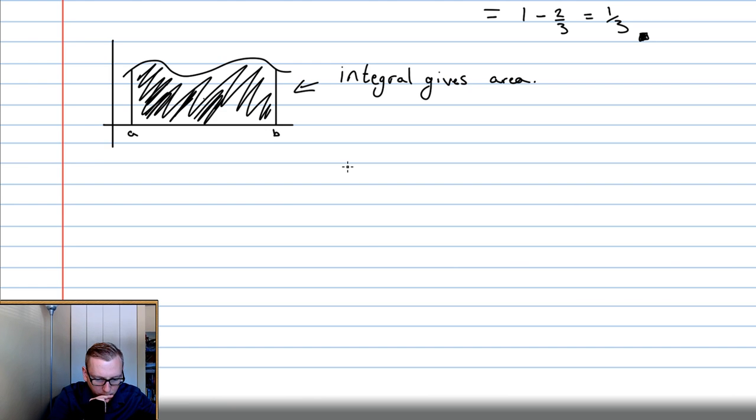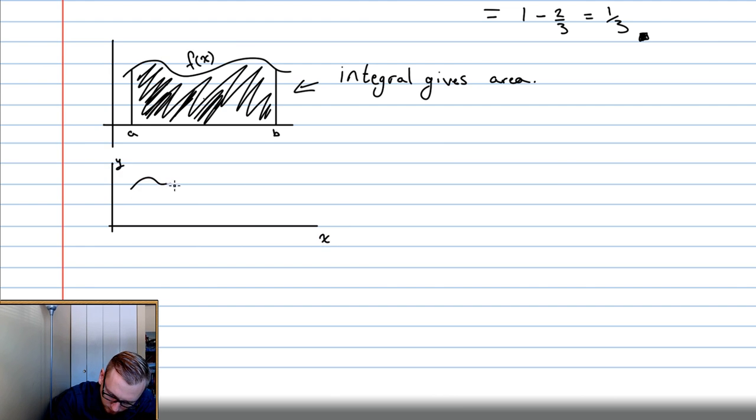Okay. What does that really mean? We are basically taking our function. Now this is a function with regards to x. We are taking little bits and we are adding up all these areas.